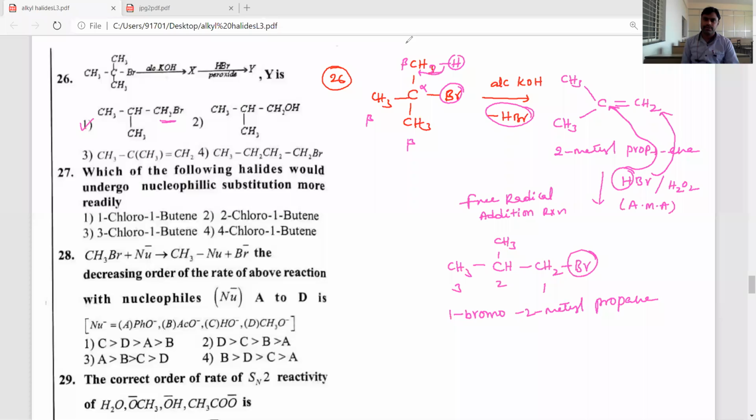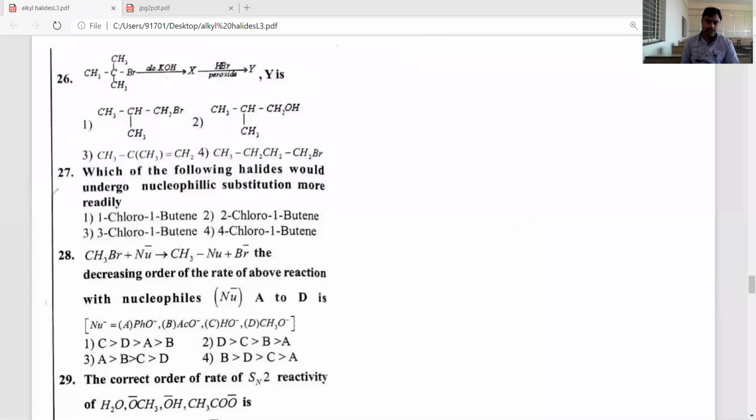Okay, let's see the 27th question. Which of the following halides would undergo nucleophilic substitution more readily? Which one gives a fast nucleophilic substitution reaction? The first one is 1-chloro-1-butene. Just write the options first and draw the structures of all the compounds.